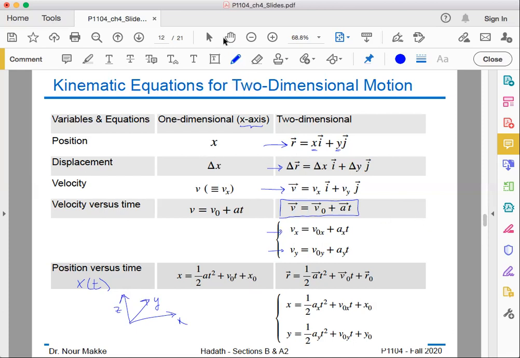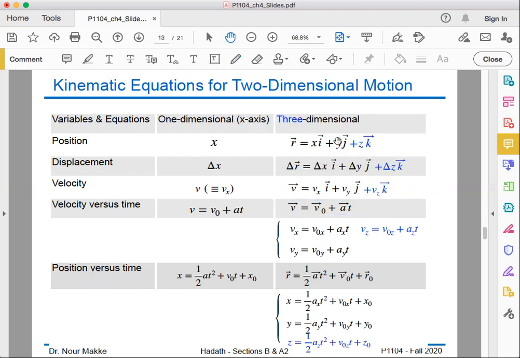And so we can simply update each equation by adding one component along the z axis. So for the position, you will end up with xi plus yj plus zk, and the same applies for all other equations. And so these equations, we have to know them, and then we can immediately use them in the applications.